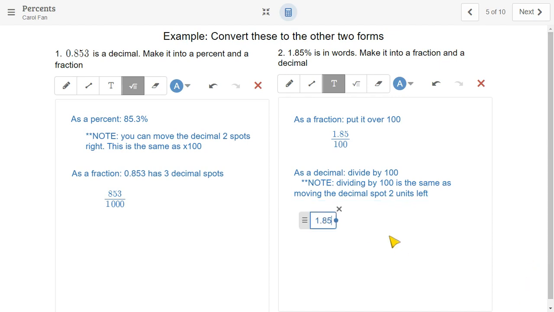I have 1.85. If I move it 2 units to the left, I would have 0.0185. I've taken the decimal here and I've gone 1, 2 to the left.